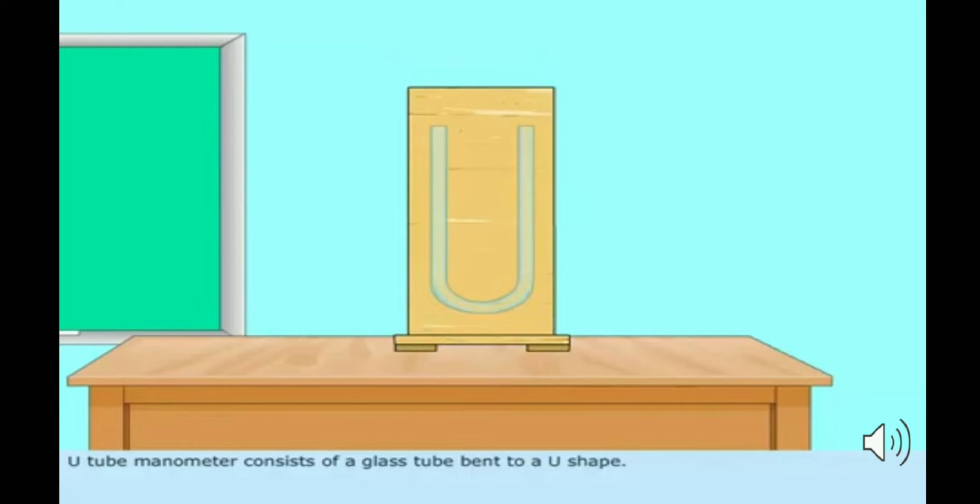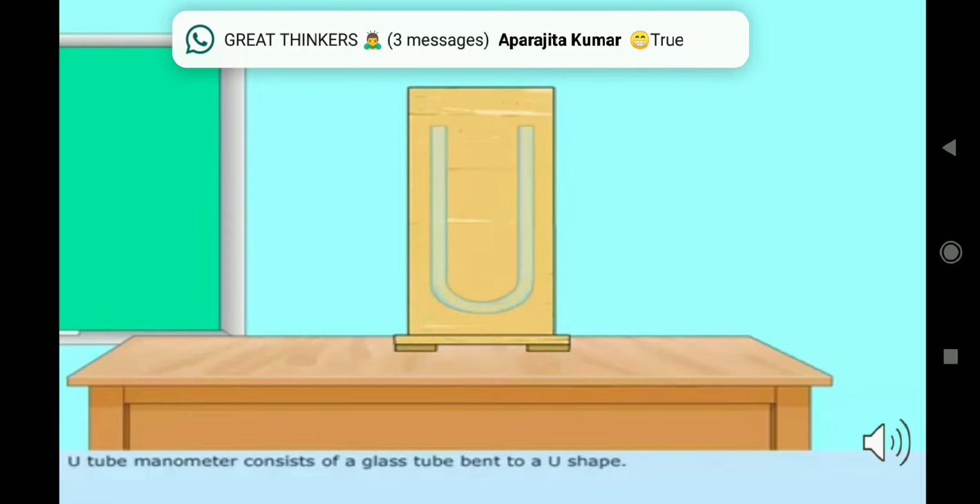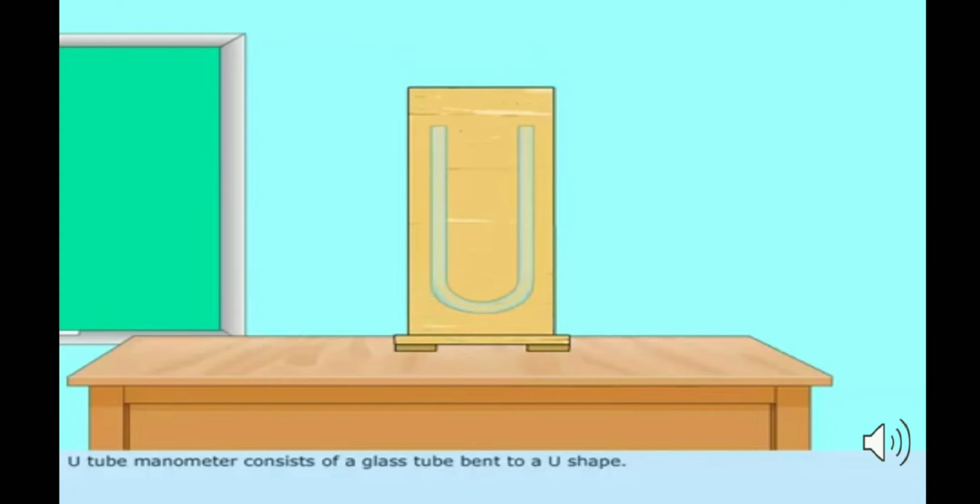Now, this is not there in your syllabus, but I am mentioning it because you can get a few numericals related to the manometer and height of the column in the manometer, so you should know this. Now, what is a manometer? It is an instrument which is used to measure the atmospheric pressure at certain points.